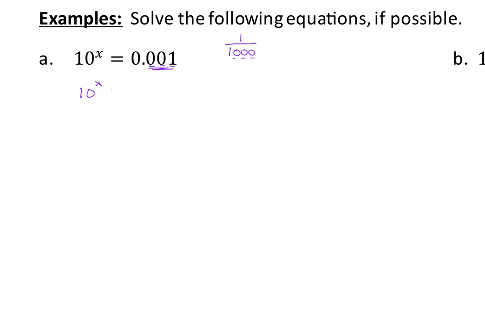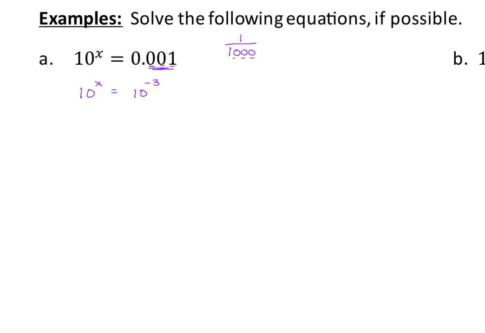Well, 1 over 1,000, we can write that as 10 raised to something. This is 10 to the negative 3. 10 cubed is equal to 1,000, and then if we flip it to the bottom, we know we want a negative exponent.